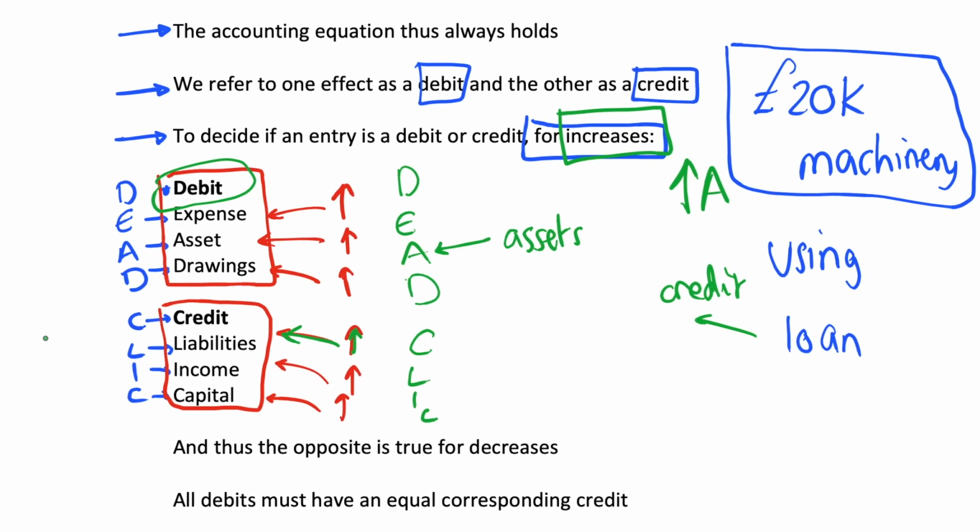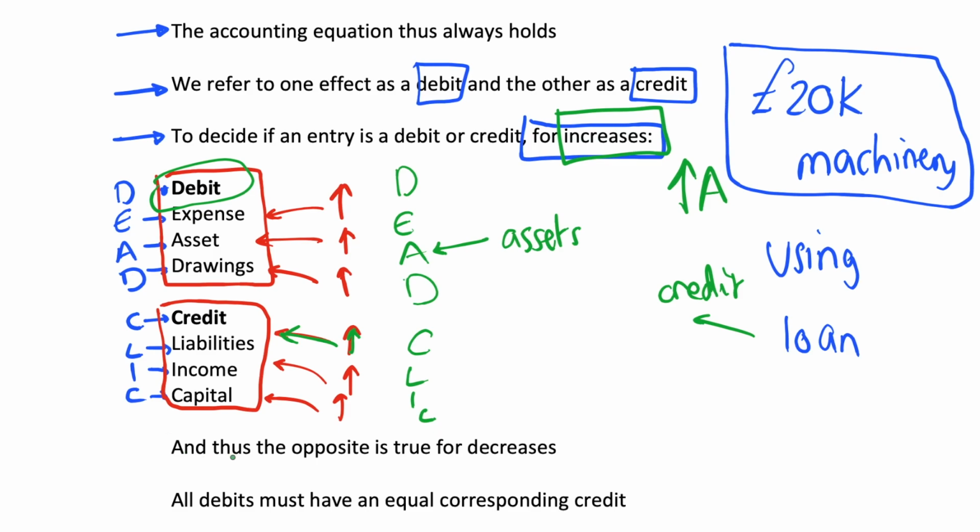Just a quick point to round this off is that the opposite is true for decreases. So obviously we're only looking at increases in these things here, but we flip this for decreases. So if we were going to have a decrease in assets, this is getting a little bit messy. We notice that assets is in our debit section for increases, but if we have a decrease in assets, this is actually then going to become a credit.